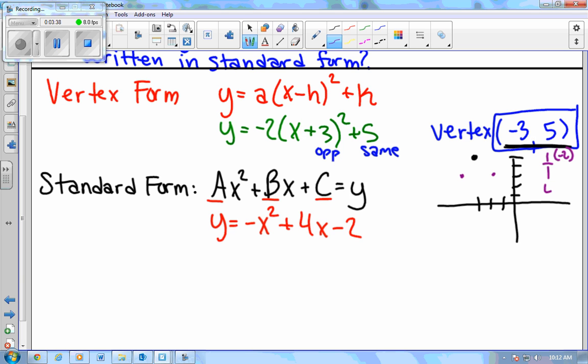And then I would go down 8, right and left 2. And this is the graph of the quadratic in vertex form.